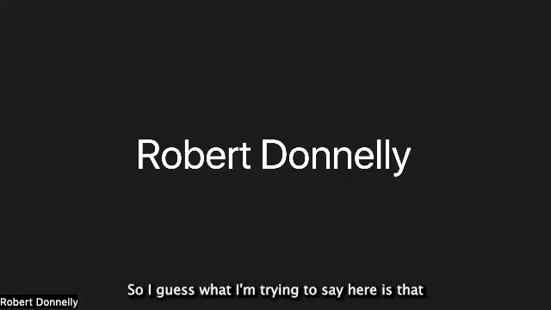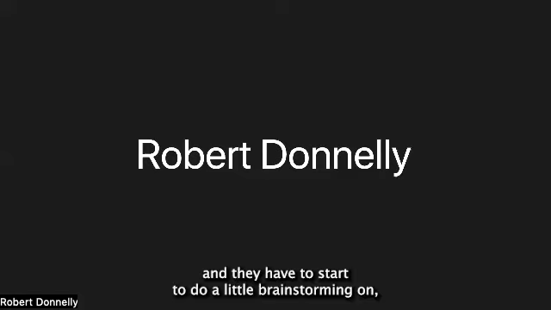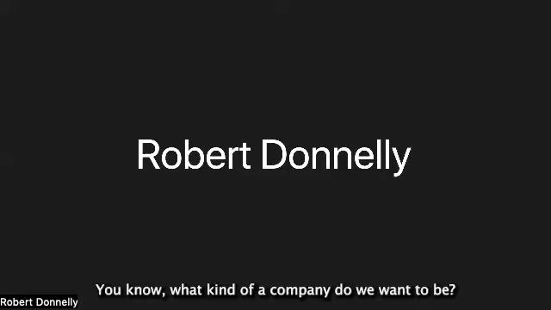So I guess what I'm trying to say here is that the CEO and the management team really has to get together and they have to start to do a little brainstorming on, what is our vision? What do we want to be? What kind of a company do we want to be?